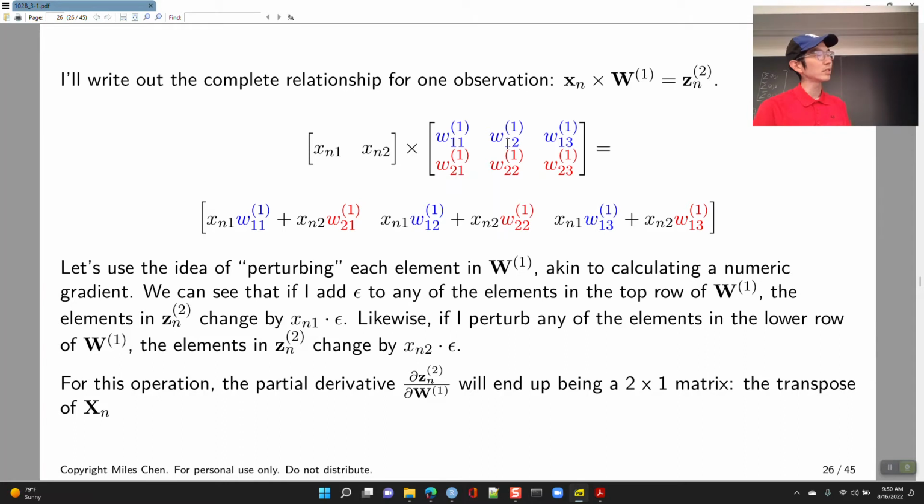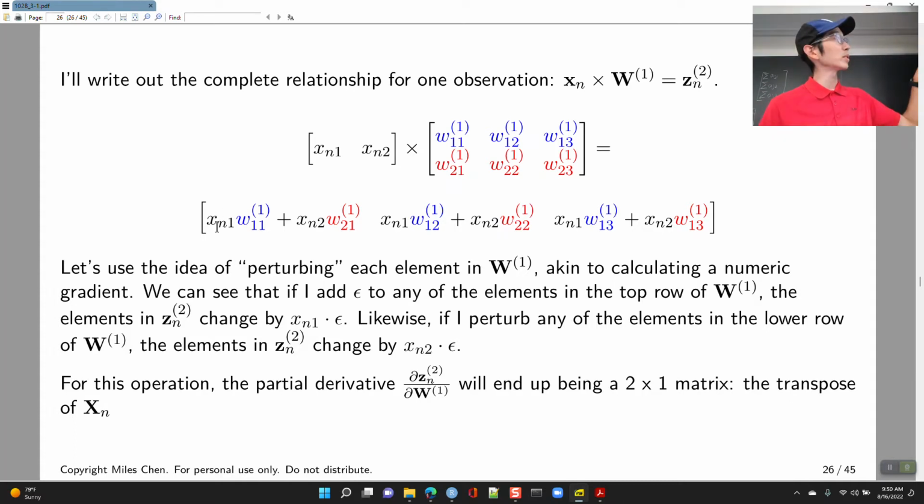Well, this is a little bit weird, but what would happen if I added a tiny little epsilon to this first term here? The amount it would change by is this value right here would change by epsilon times x sub n1, right?